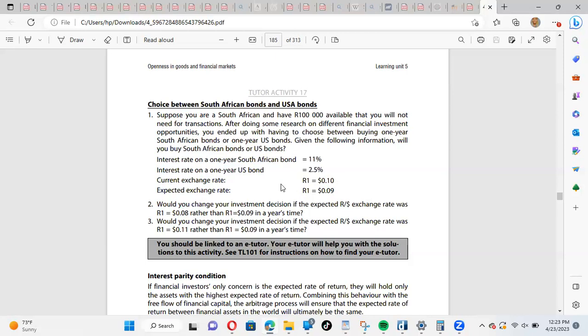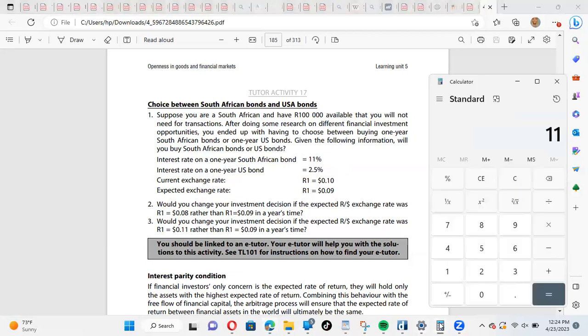So if the interest on a 1-year bond in South Africa is 11%, and the 1-year bond in the US is 2.5, then your gain, should you invest in South Africa, is basically 11 minus 2.5, which is 8.5.